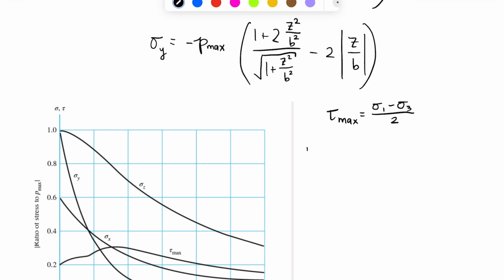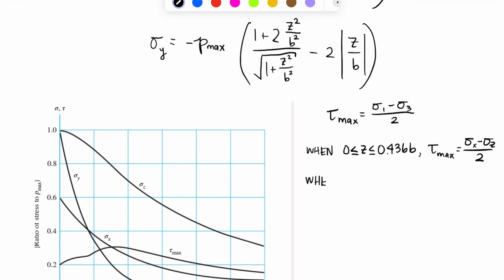So it turns out that when our z is less than 0.436b, tau max is sigma x minus sigma z over 2.